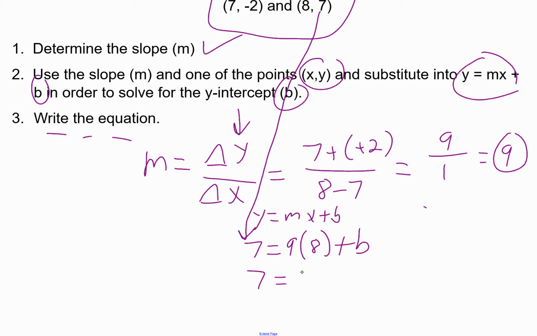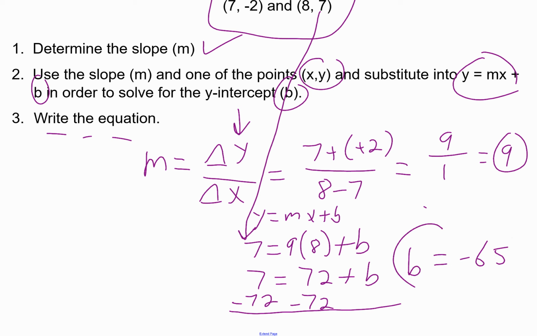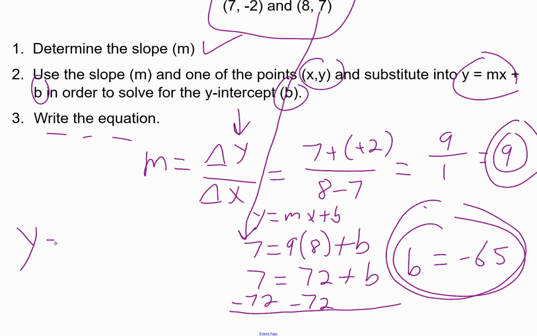And again, it's just a matter of solving for b at this point. Subtract 72 from both sides. 7 take away 72 is negative 65. So here's my slope, here's my y-intercept. Now I can write my equation like we've practiced in class. Just plug in the slope and plug in the y-intercept.